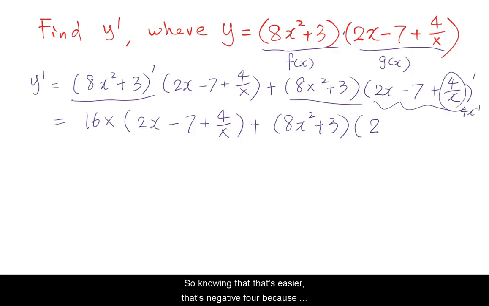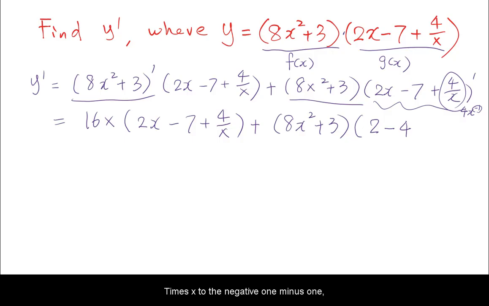Knowing that, that's easier. That's negative 4, because you're moving the negative 1 to the front, times x to the negative 1 minus 1, which is negative 2. Let's organize this a little bit. Let's distribute.